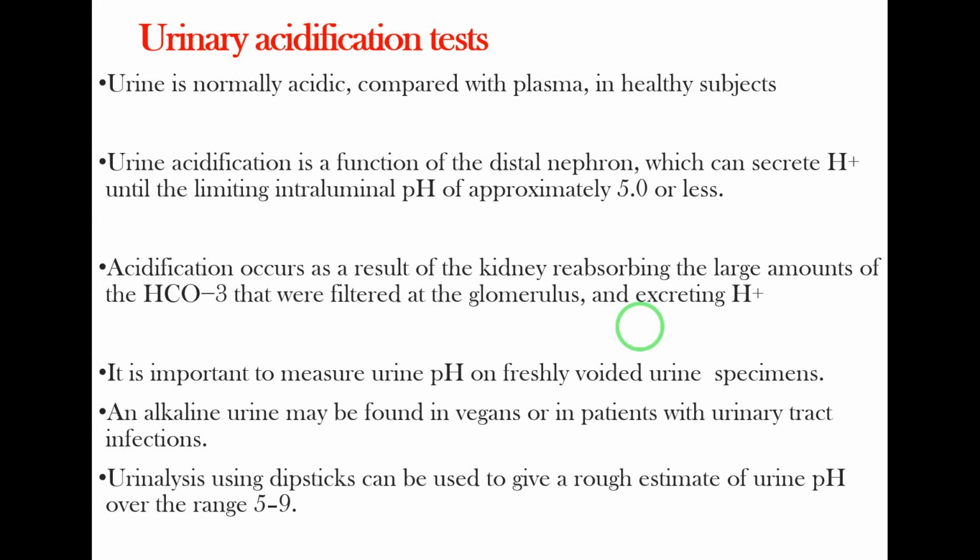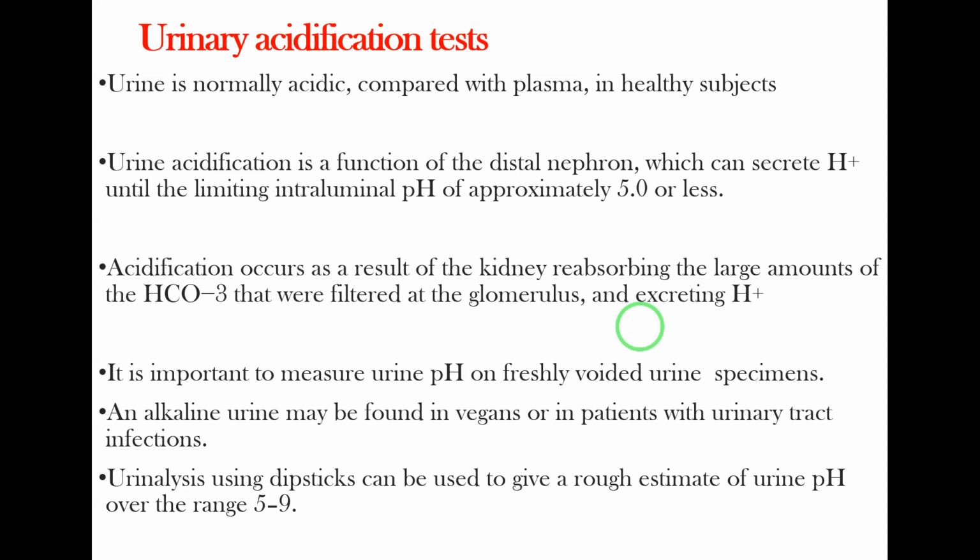We can test it using dipsticks specific for this purpose, which give a rough estimation of the urine pH, not very accurate. If we have a defect in the tubular function of the kidney, the urine pH will not be acidic, or not proper for the pH of the body.